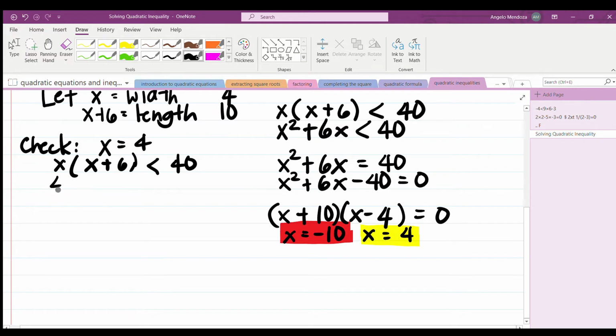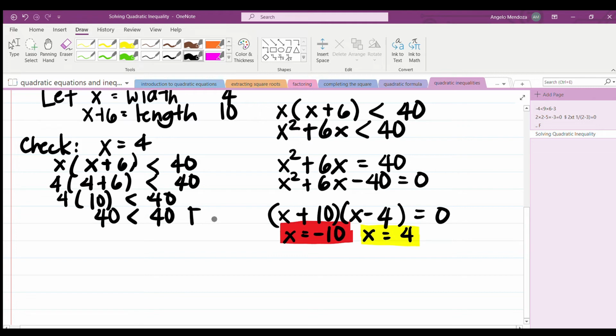So you have 4 times the quantity of 4 plus 6 less than 40. So 4 times 10 is less than 40, meaning 40 is less than 40. Of course, we know that it is a false statement because 40 is not less than 40. So based on the problem, we are looking for the possible dimensions of the parking lot which is less than 40.